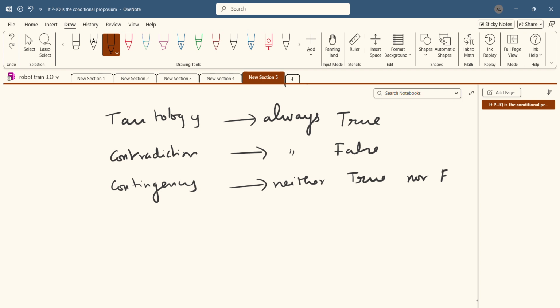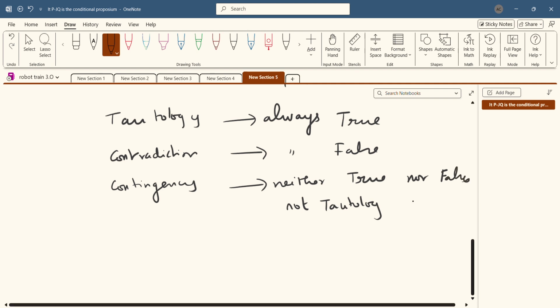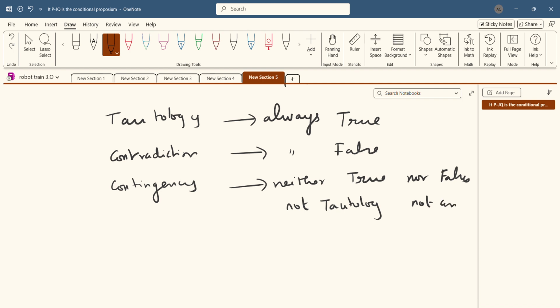Neither always true means it is not a tautology. Nor always false means it is not a contradiction. It is called contingency.